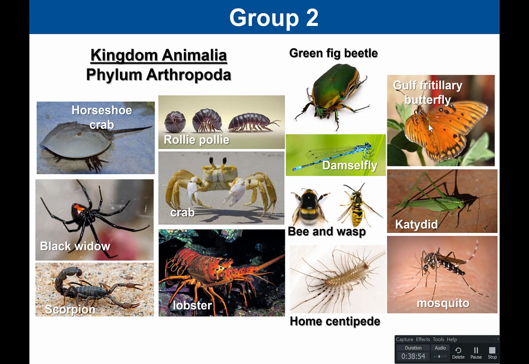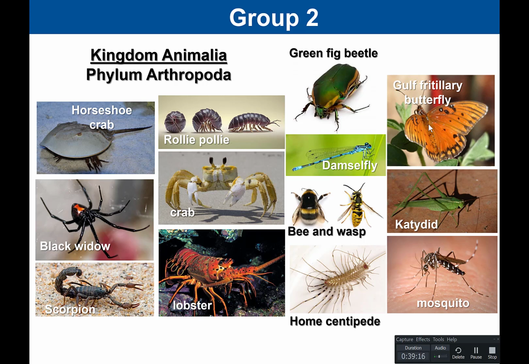Group number 2. This would be phylum Arthropoda, the arthropods. So this is one of the most diverse groups of organisms. What they do have in common is that they have an exoskeleton, meaning the skeleton's on the outside, and the external skeleton, or exoskeleton, is made of chitin.